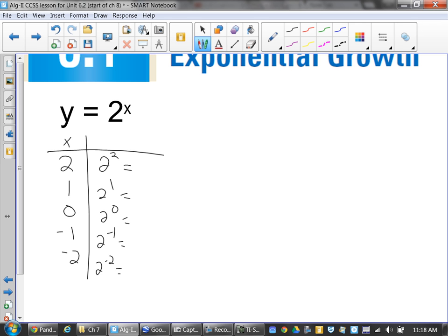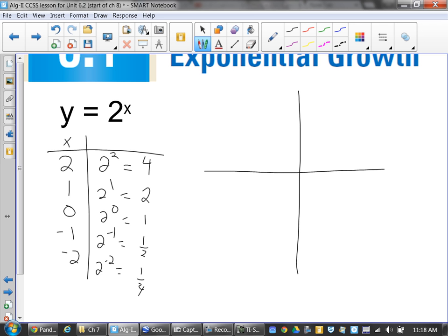What are you getting? 4, 2, 1, 1 over 2, 1 over 4. Remember, negative exponents mean reciprocals. So those right off the bat give you some nice, easy ordered pairs to plot with. And this is stuff we've been doing many, many times.